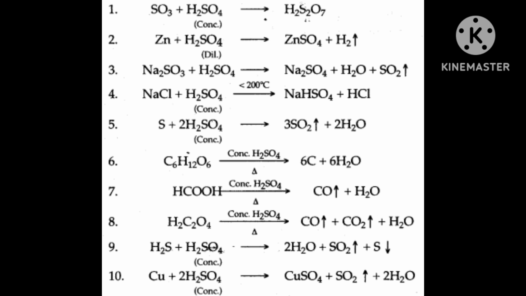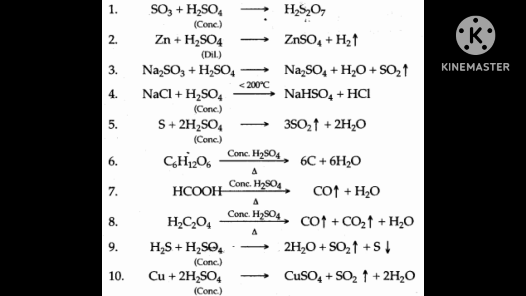The chemical reactions of sulfuric acid are a result of four characteristics. First, low volatility. Second, a strong acidic character.